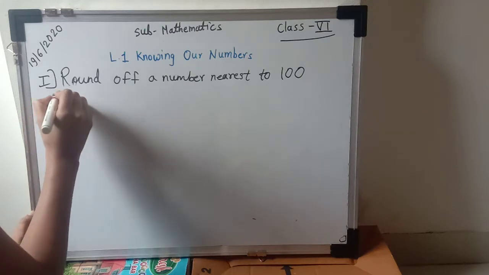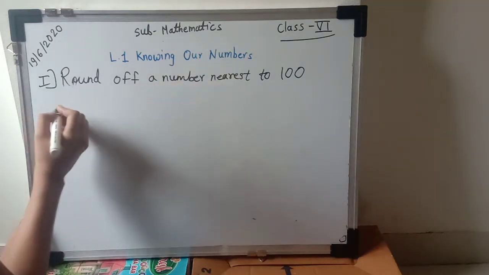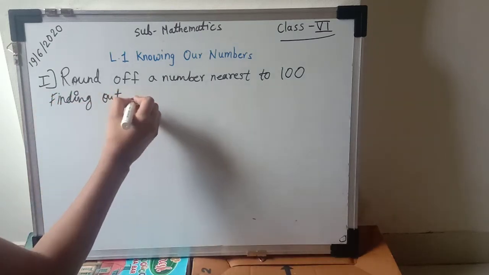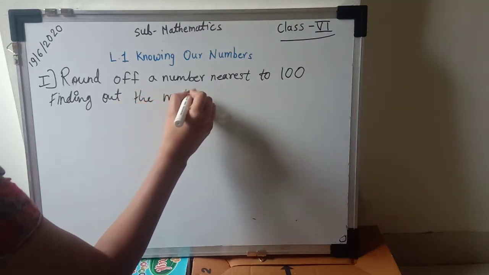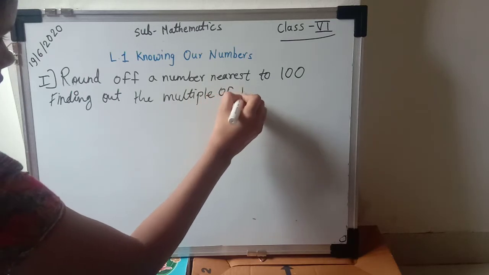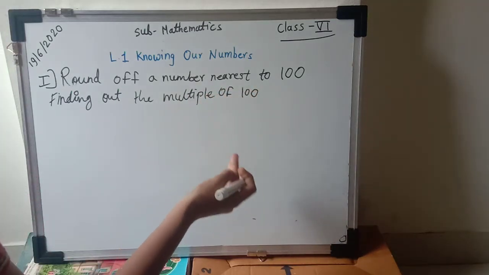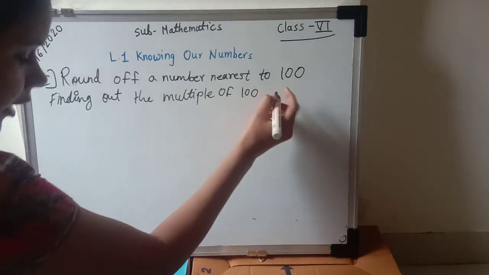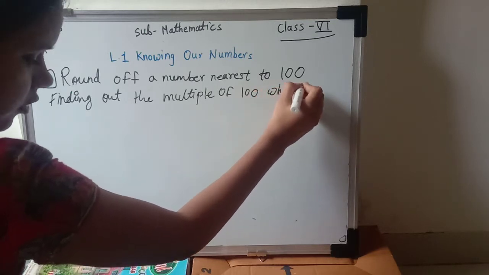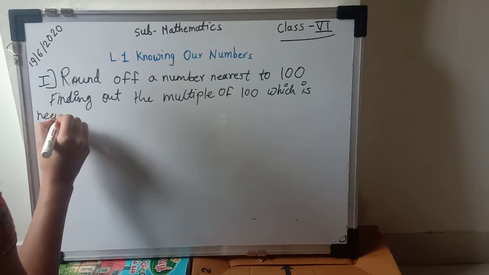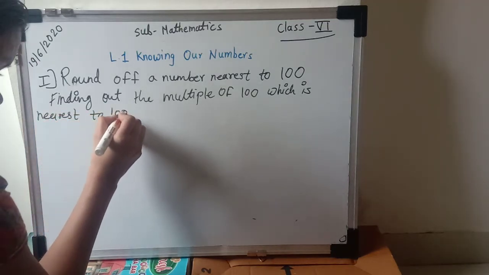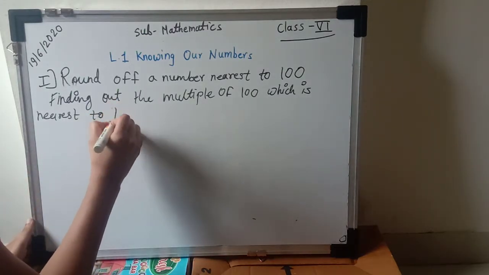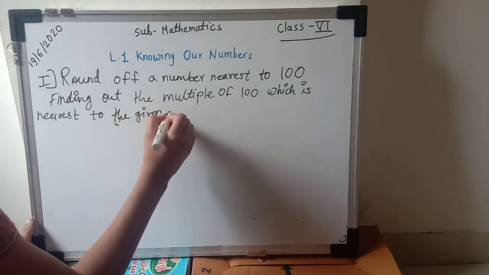Rounding a number to the nearest 100 means finding the multiple of 100, like 100, 200, 300, 400, 500, 600, 700, 800 and 900, which is nearest to the given number.